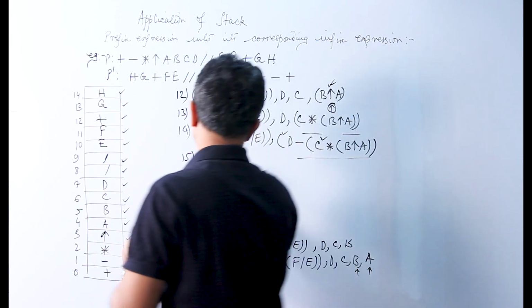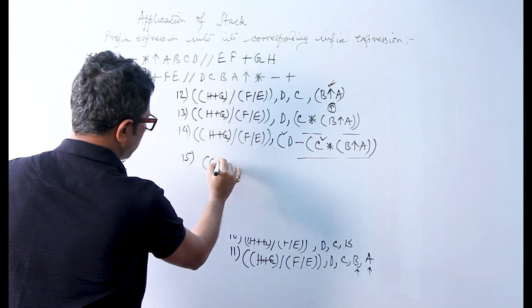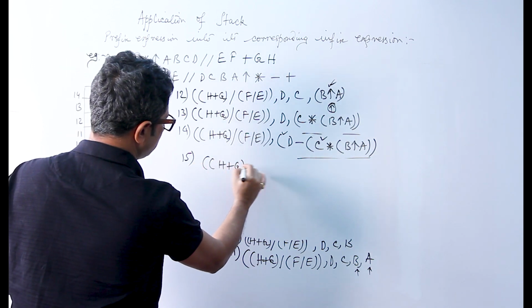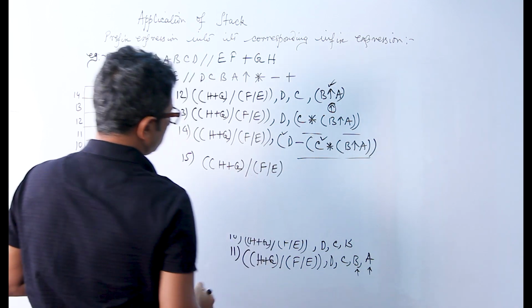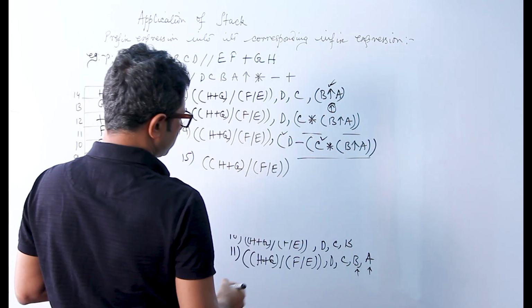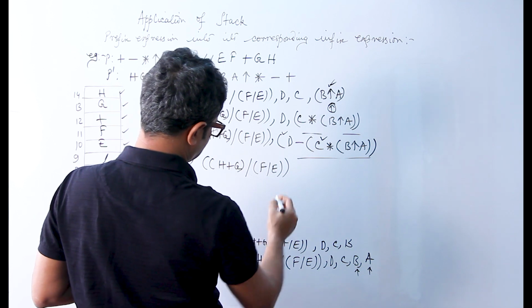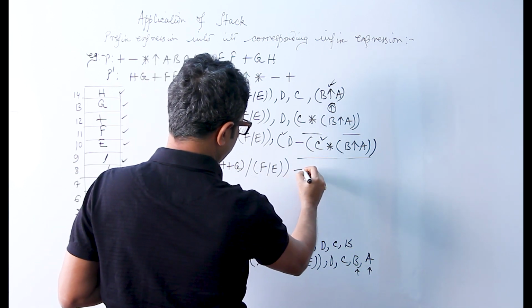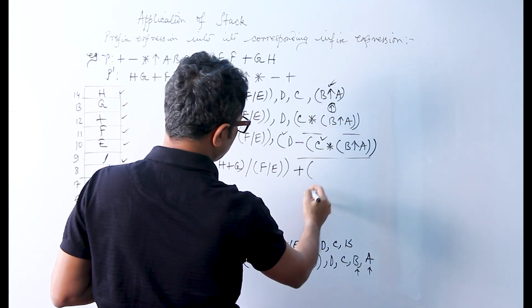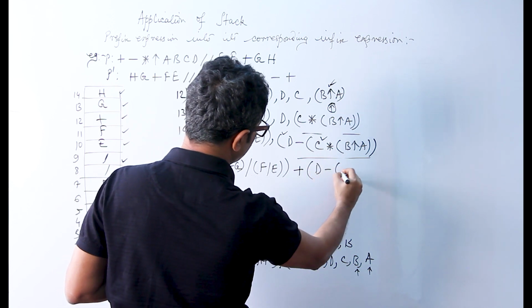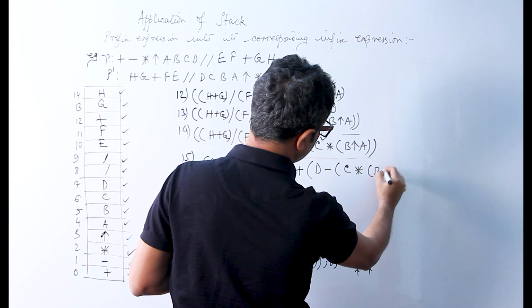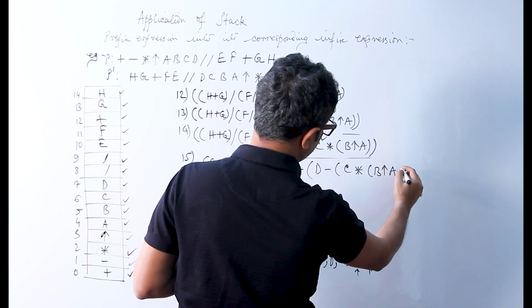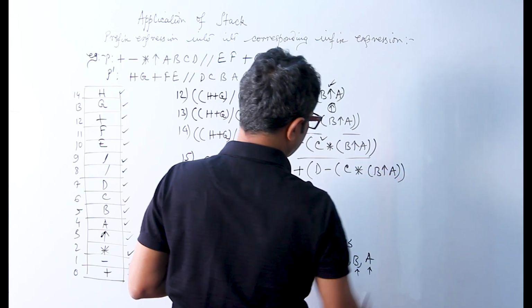That is in this way: H plus G slash F slash E closing parenthesis, closing parenthesis, then plus, then opening parenthesis D minus opening parenthesis C star opening parenthesis B exponentiation A closing parenthesis, closing parenthesis.